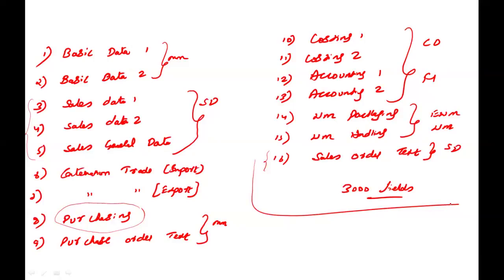So to create the material, you will be using the transaction MM01. To change the material, once it is created, you have an option to change it. To change, you are going to use MM02, and to just display, you will be using the transaction MM03.